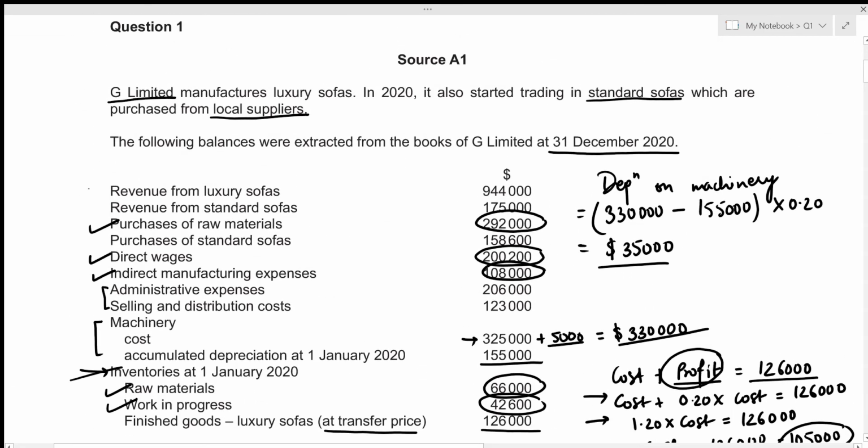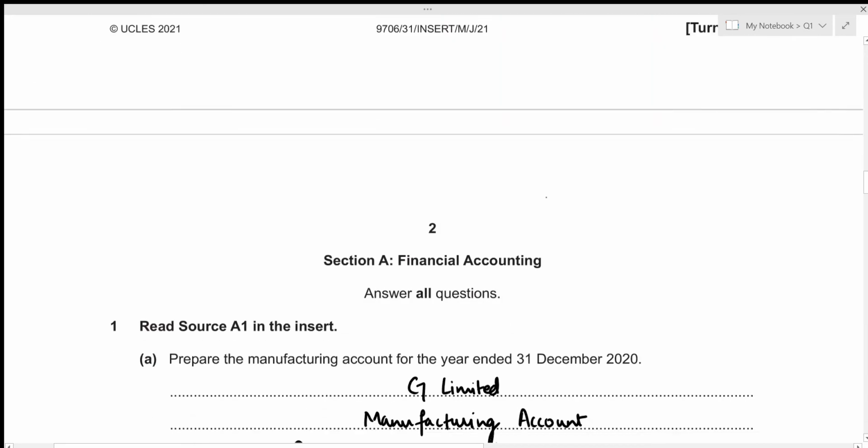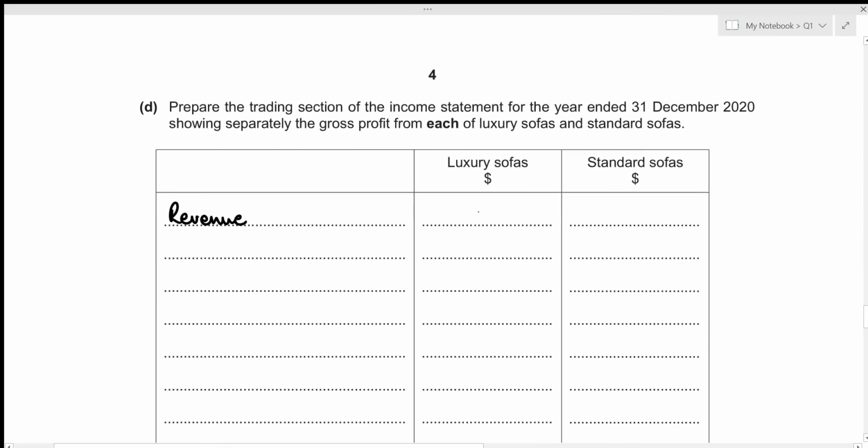Alright, so the revenue from luxury sofas is 944,000, whereas the revenue from standard sofas is 175,000. So let's record it in the trading section of the income statement. So that's 944,000 for luxury sofas. For standard sofas, that's 175,000.